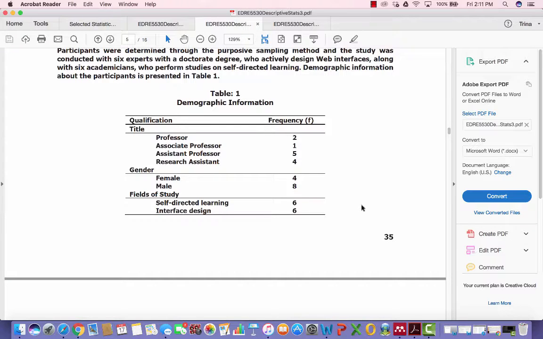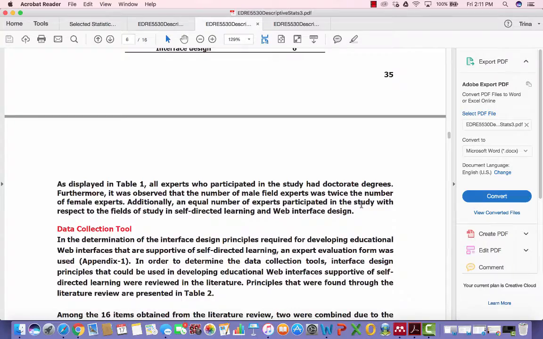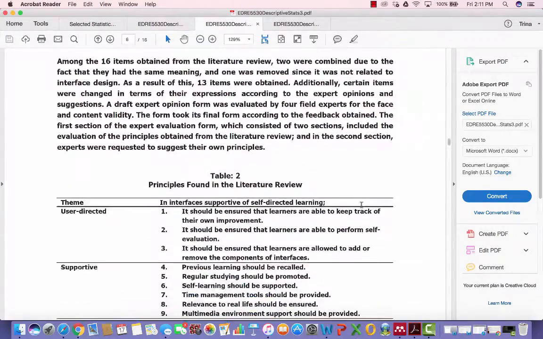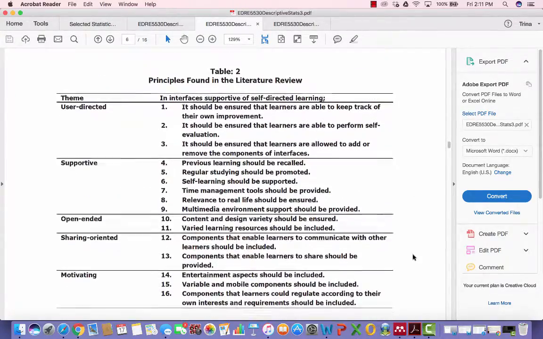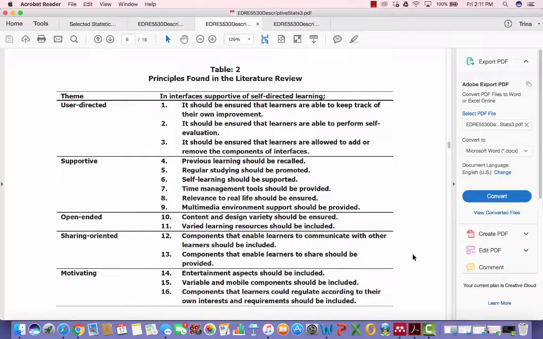The qualitative data included a table of the main themes or design principles found in the literature. This is much more indicative of a qualitative study, where you have the themes or the codes or the ideas on this side and some of the evidence or support backing that theme that they found, in this case in the literature review.